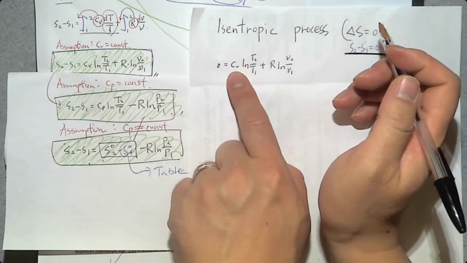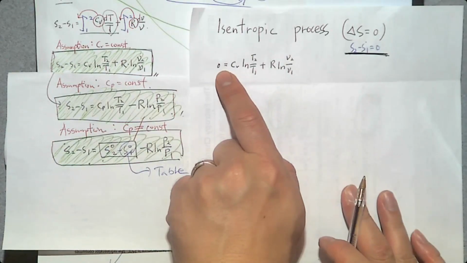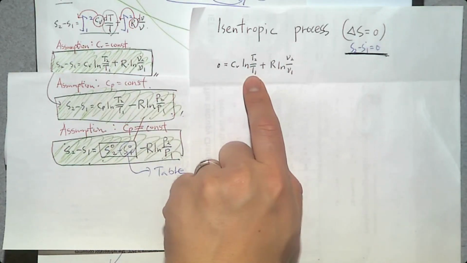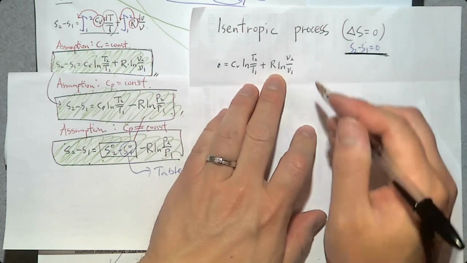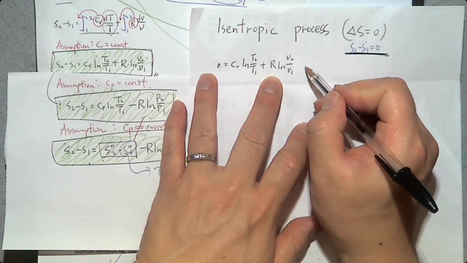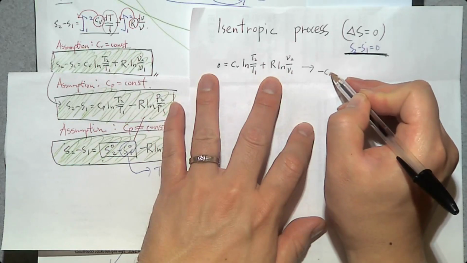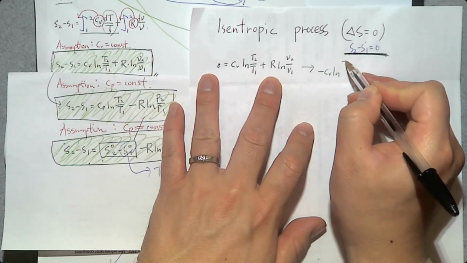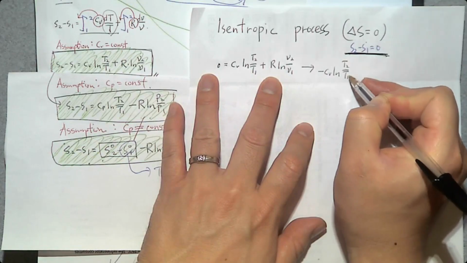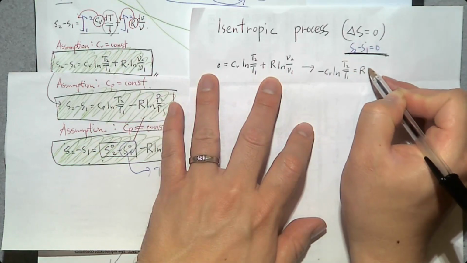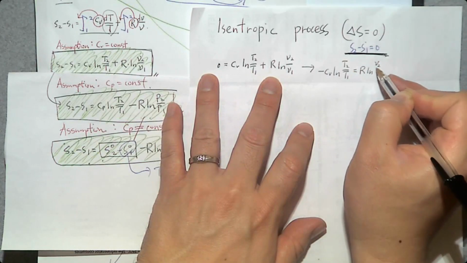The left-hand side seems to be empty, so let's move one term to the other side. I'm going to say minus Cv natural log T2 over T1 is going to be R natural log V2 over V1.